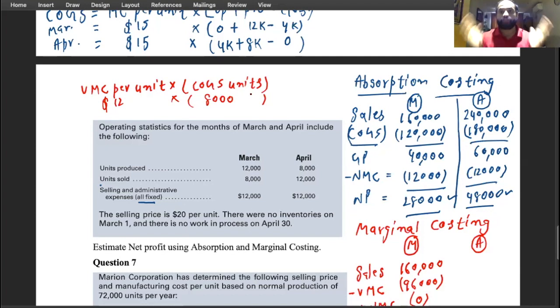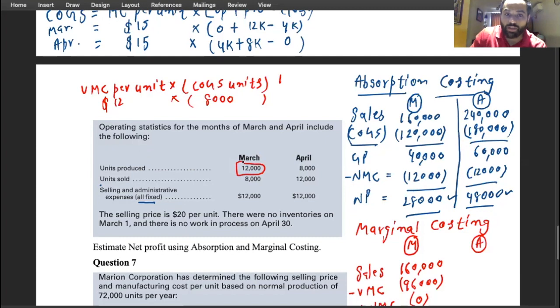We calculate total fixed cost. So how much will be the total fixed cost? Total fixed cost will be 12,000.